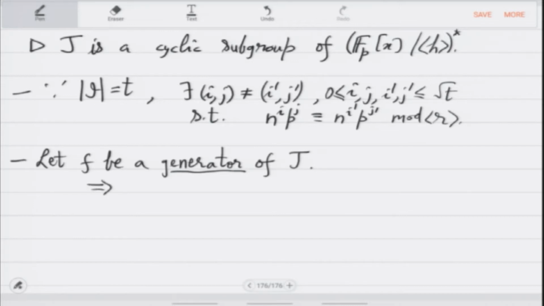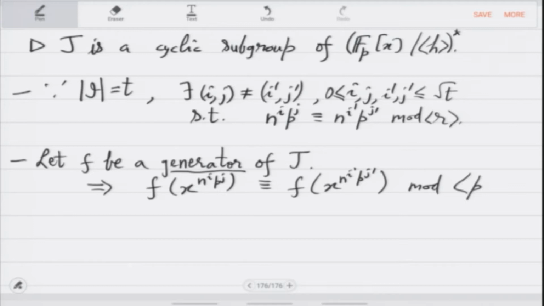Then you know that f of x to the n to the i p raised to j is the same as f of x to the n to the i prime p to the j prime in the finite field, right? Simply because n to the i p raised to j and n raised to i prime p raised to j prime are the same mod r. So these x powers are the same, so f evaluations are the same.